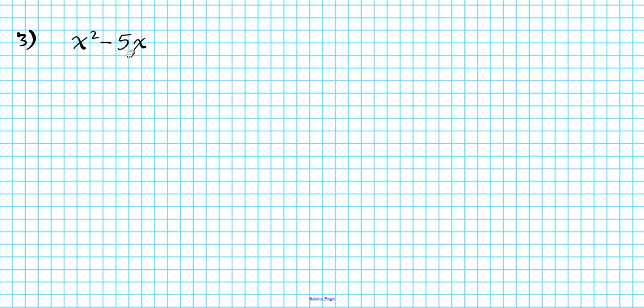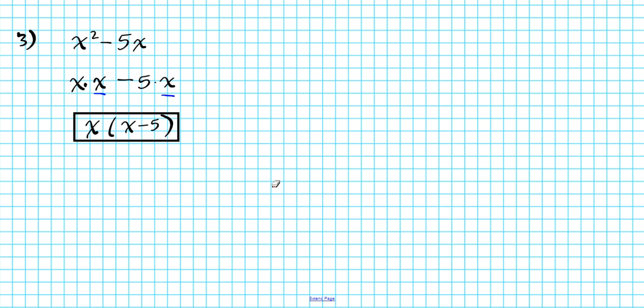So we're just going to ask ourselves, can we factor out a greatest common factor? And the answer is yes, we can factor out x. If we write it in the composed states, we can write this as x times x minus 5 times x. And you can clearly see that we have a common factor here of x, which we can simply factor out, and we're left with x minus 5 to give us the completely factored state of the original expression, x squared minus 5x.